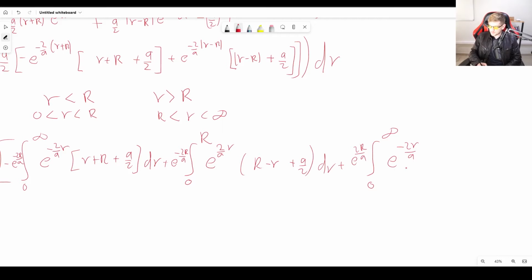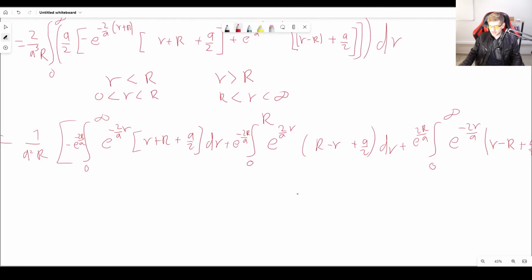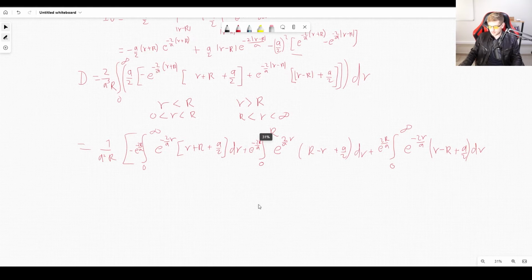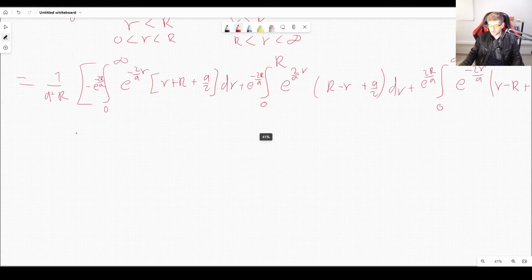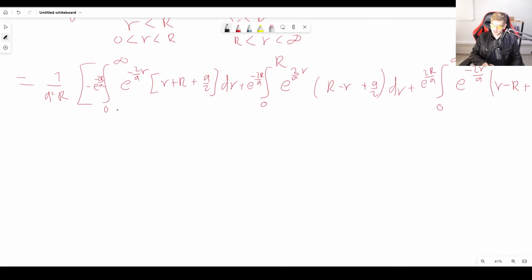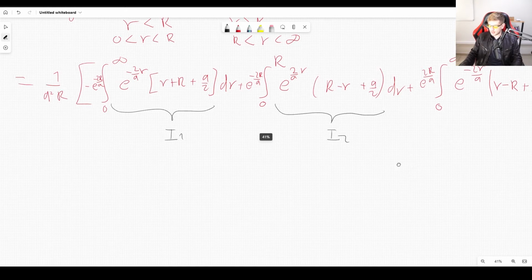And then we are left with the rest, so we get r minus big R plus a over 2. Okay, amazing. So now let's begin integrating. Just as before, let's call them I1, I2, and I3.